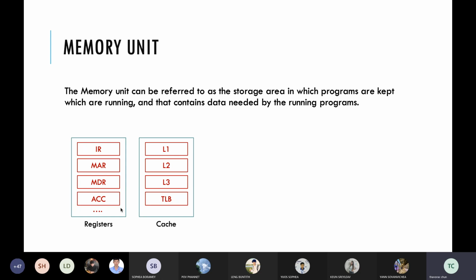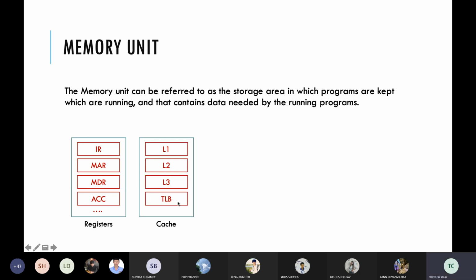So cache is something used to improve the performance of a computer. And then we have the TLB. TLB is also a cache, but it's a cache of a page table. Maybe you don't know about it yet, but you will see it soon.